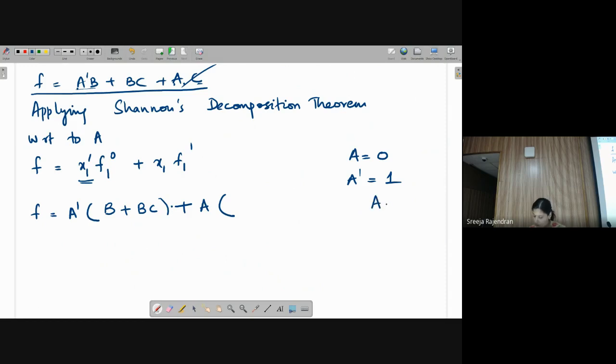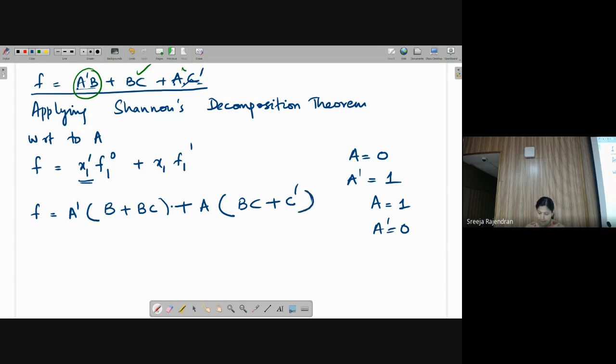Plus when a is equal to 1, what happens to a complement? a complement is 0, so this term vanishes. The other two stay, so I can write bc plus, no, a is 1, and it is c bar.